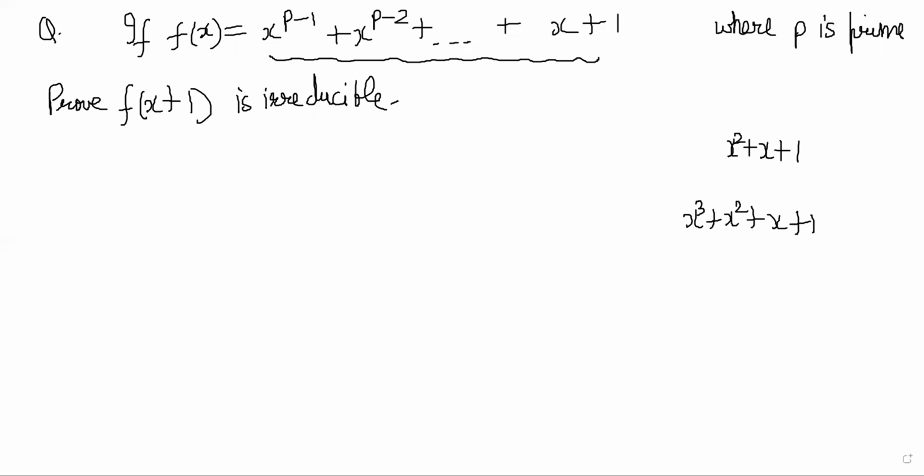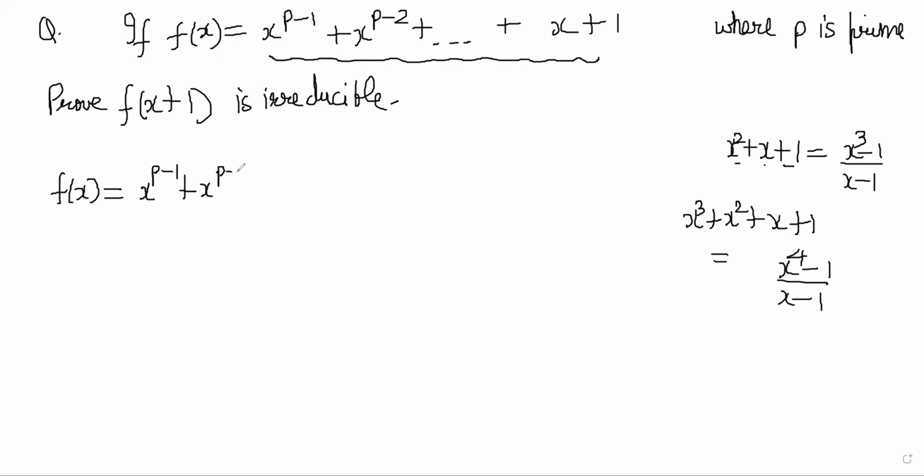I know that this is a GP of 1, x, x^2, so I can use the GP formula: sum of the GP is x^4 - 1 over x - 1. Similarly, f(x) = x^(p-1) + x^(p-2) and so on till x + 1 can easily be written as (x^p - 1)/(x - 1).